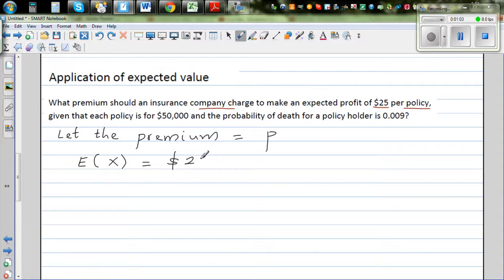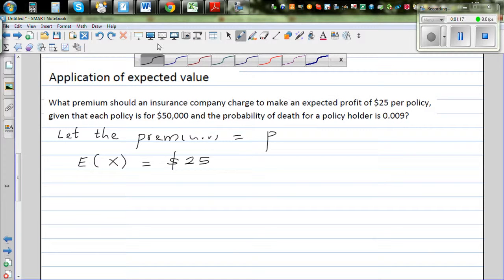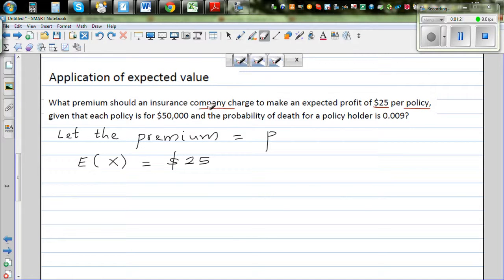So what does this mean? This means if a particular policy is sold to a huge number of people, they're expecting to gain $25 per policy. So that's what they're thinking of.